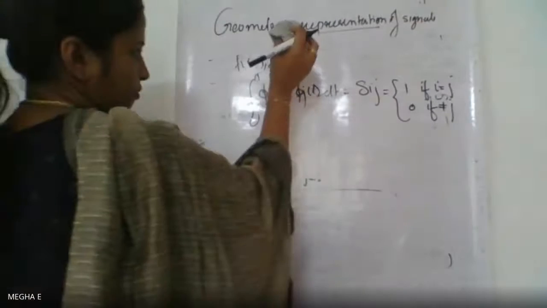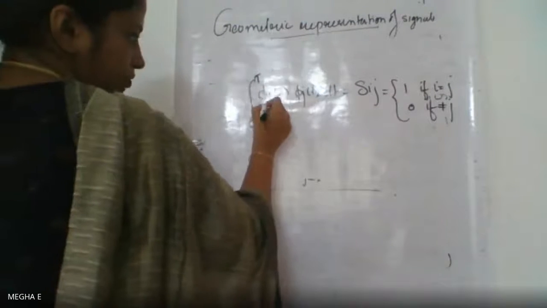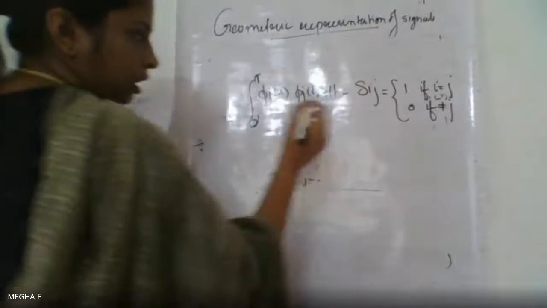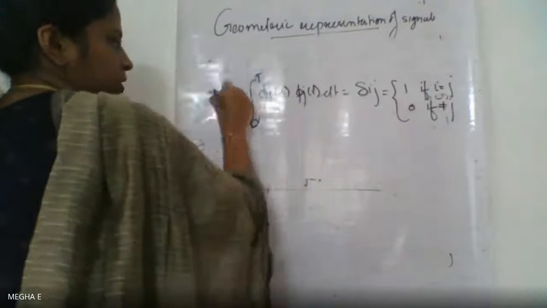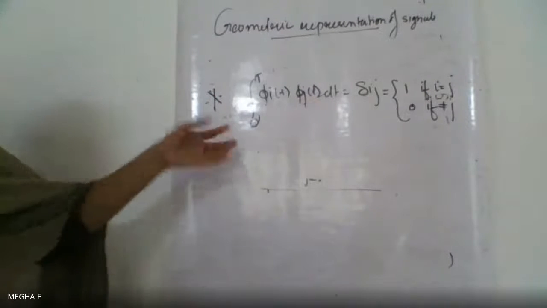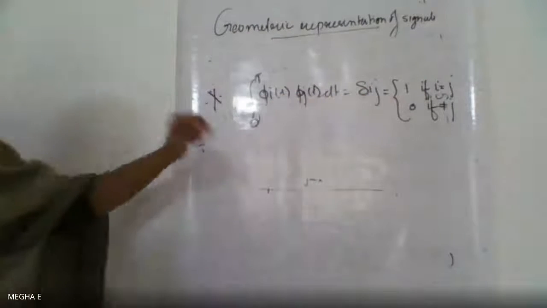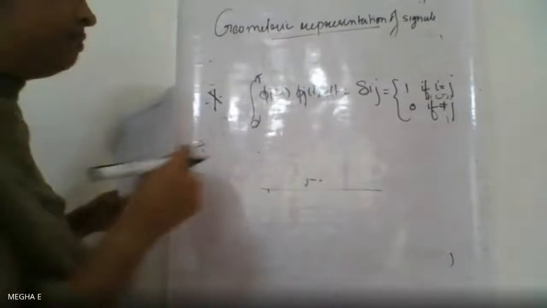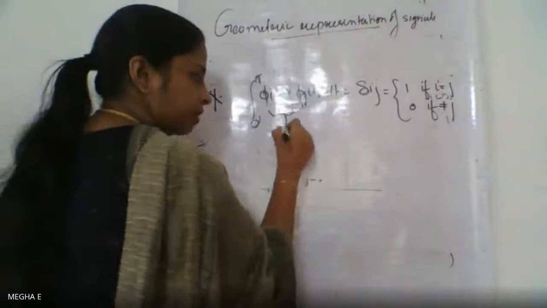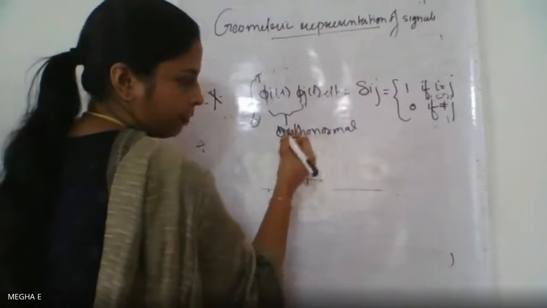So here phi 2 of t and so on are N orthonormal basis functions. For these orthonormal basis functions, phi i of t into phi j of t, the value is delta of ij, and this delta of ij is important because of this term in the expression, the integral from 0 to T of phi i of t into phi j of t. Phi i of t and phi j of t are orthonormal basis functions, which are orthogonal, so the inner product is 0.